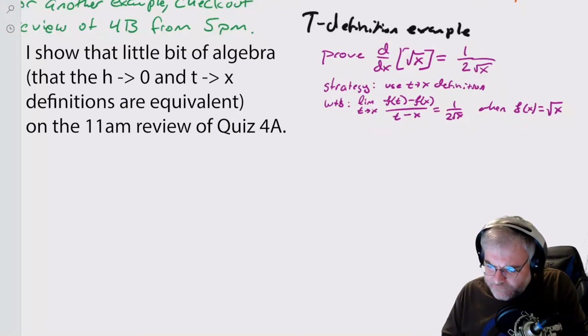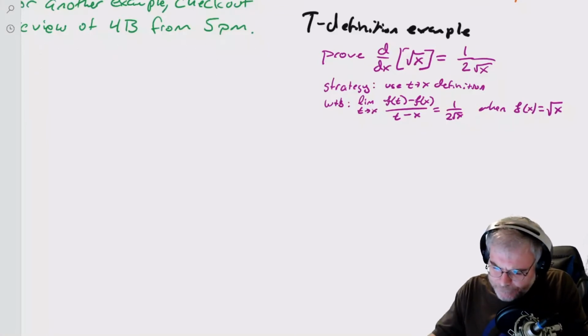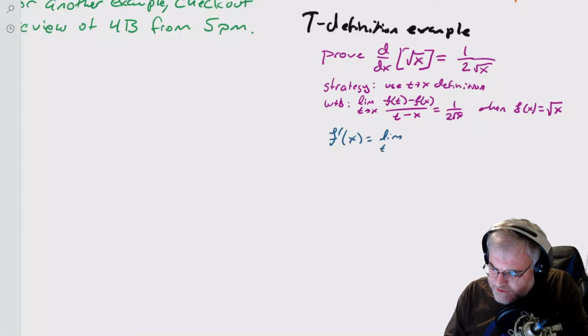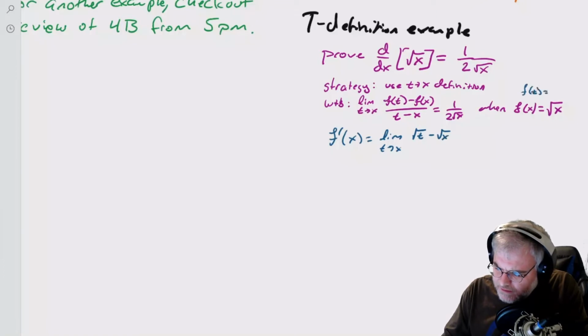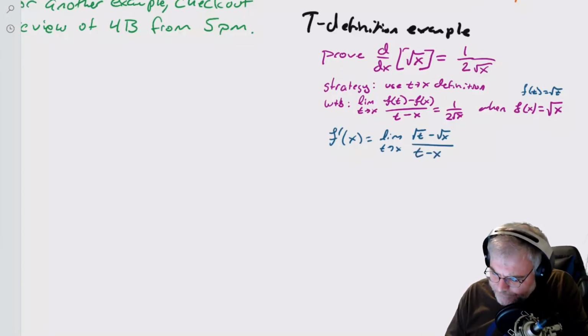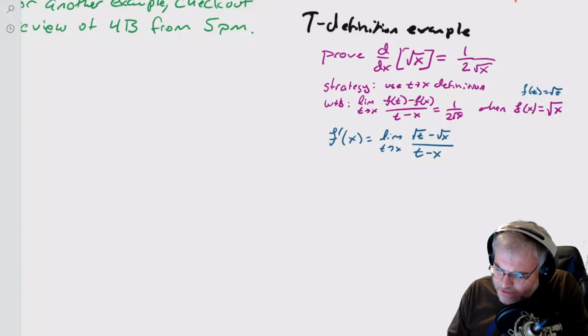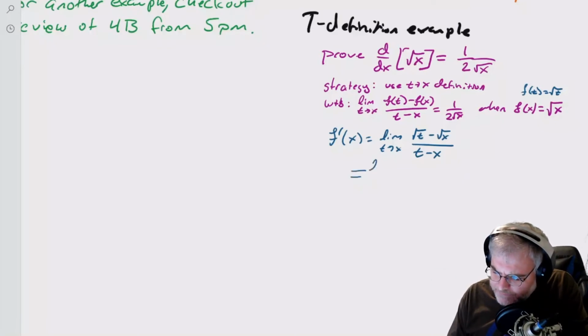If I'm using the t definition to do this, here's what I'm going to do. f prime of x equals the limit as t goes to x of the square root of t minus the square root of x, because f of t is the square root of t, and f of x equals the square root of x, over t minus x. Now, I can either multiply by the conjugate, or I can break up the bottom.